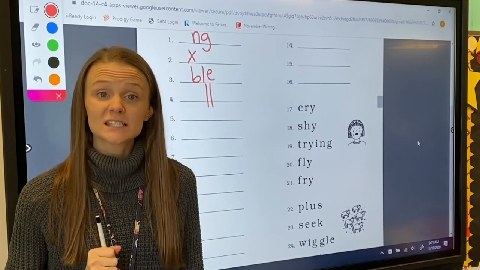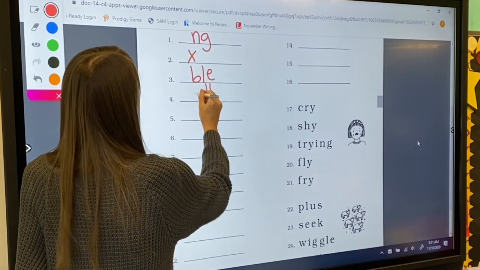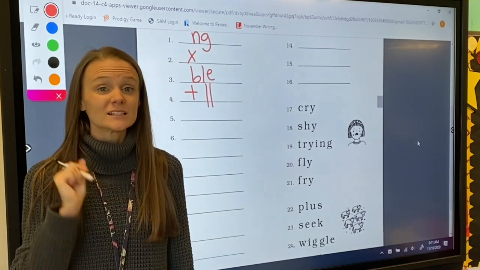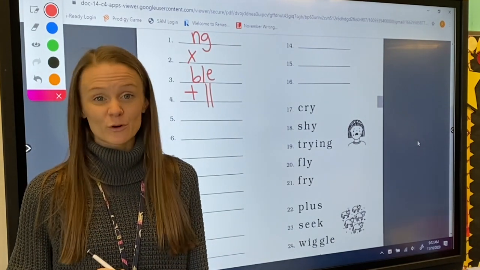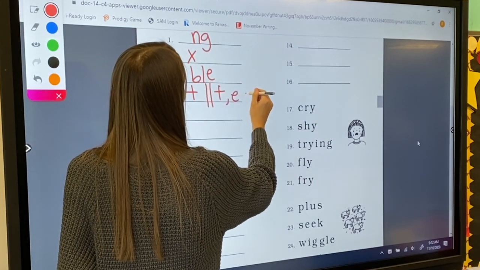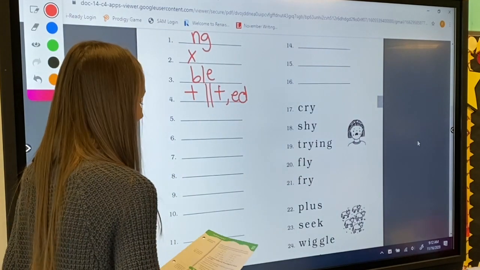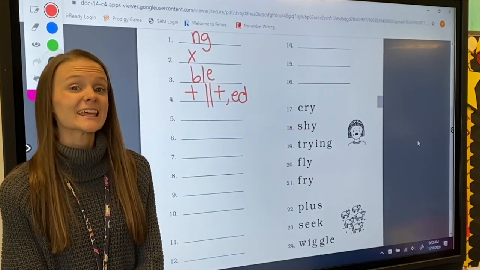If I hear the t sound in the beginning of a word, it has to be letter T. If I hear the t sound at the end of a word, it can be letter T or the suffix ED.